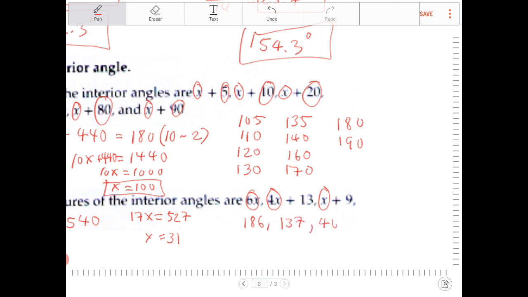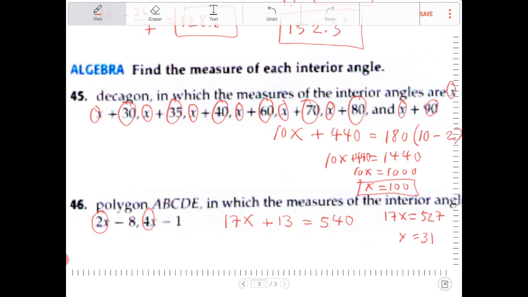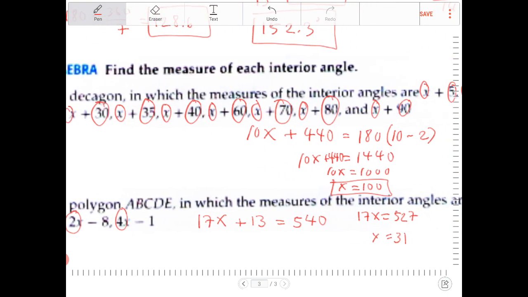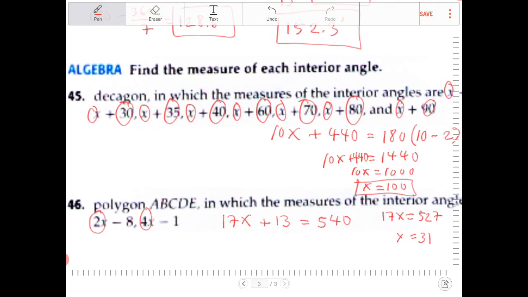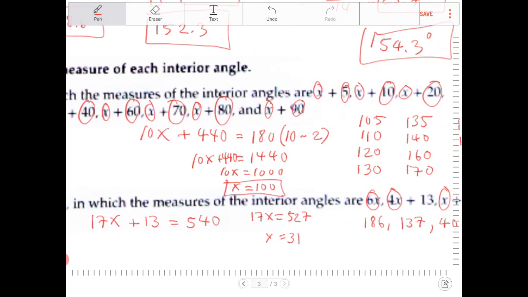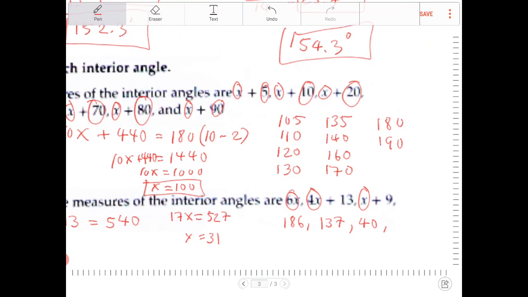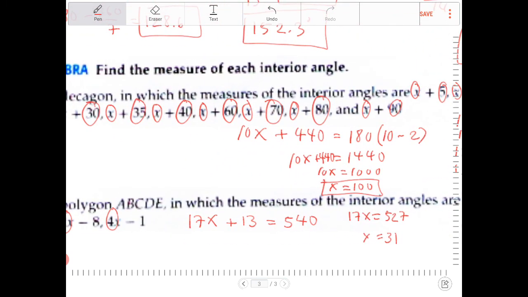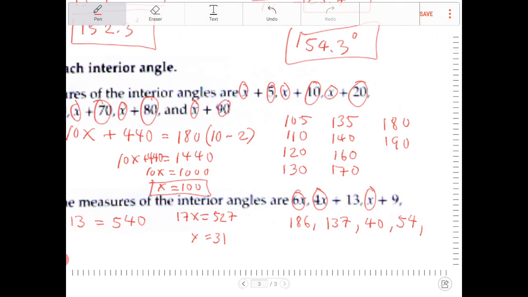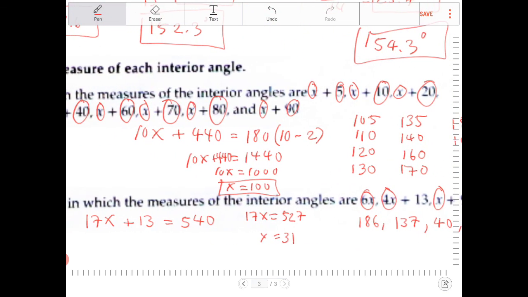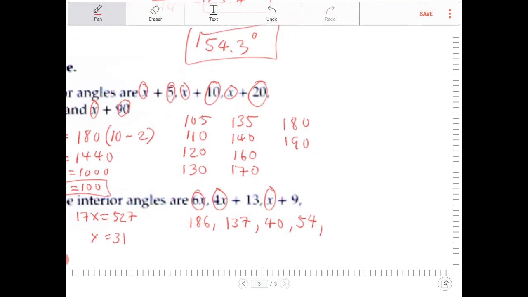Then it's 40. 31, 62, 62 minus 8 is 54. And 4x minus 1, so 124 minus 1 is 123. Here are the 5 angles. And that's it.